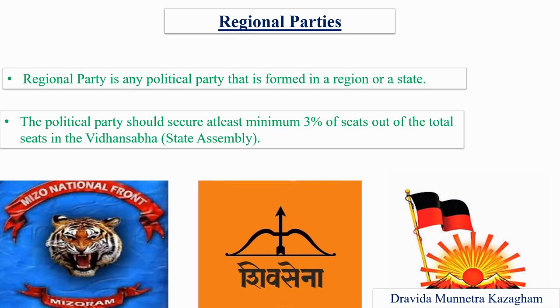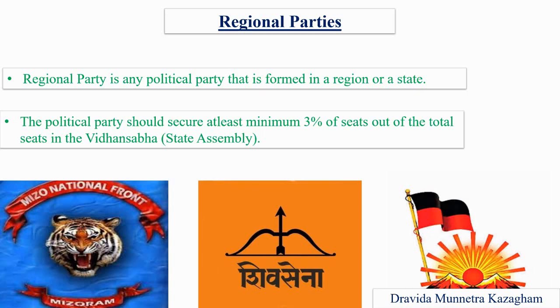Regional parties. A regional party is basically any political party formed within a region or a state. Most of these parties are formed for working towards the welfare of the state. To be recognized as a political party of that particular region, the Election Commission has prescribed certain guidelines or rules.